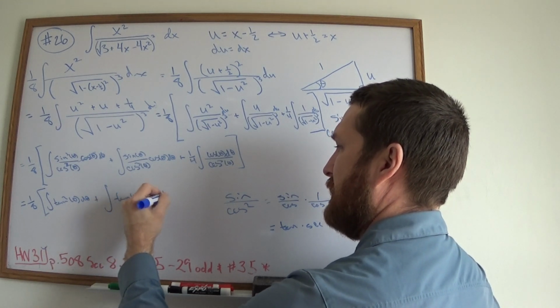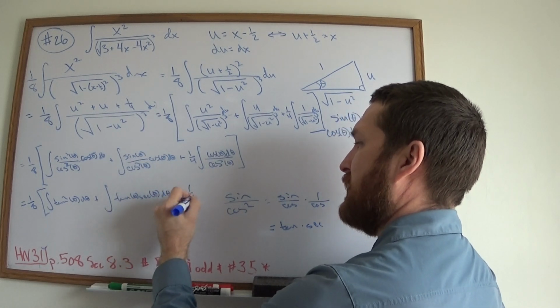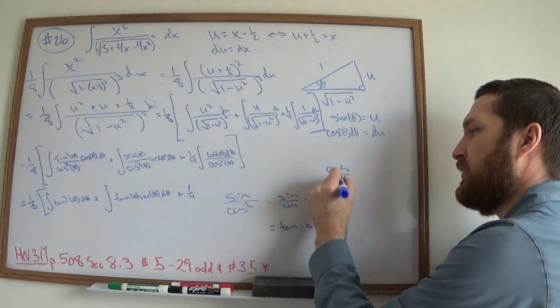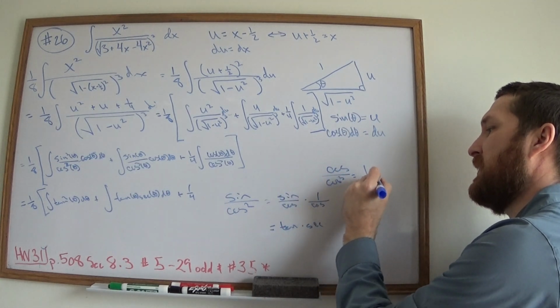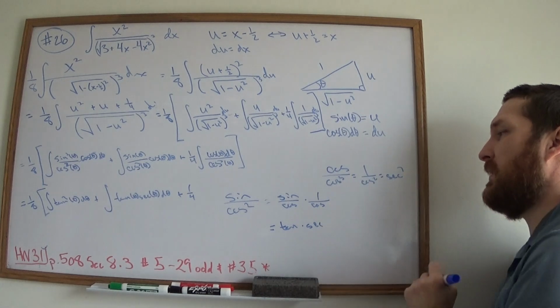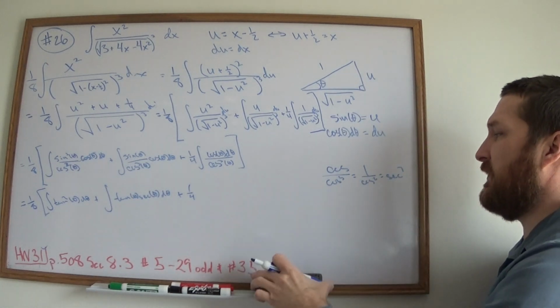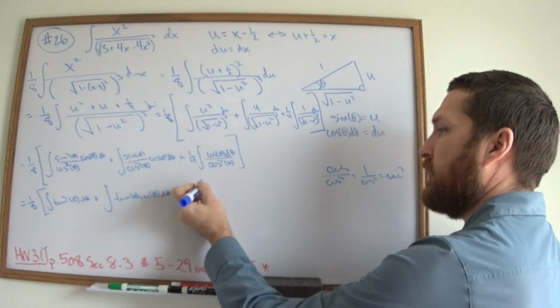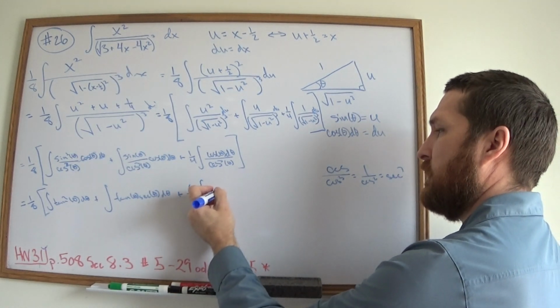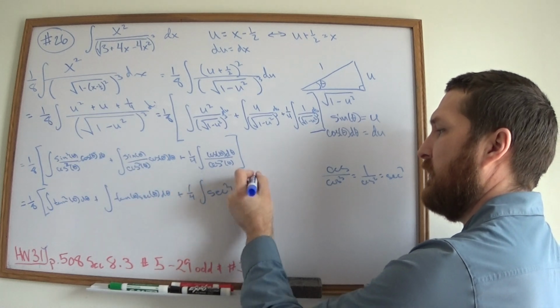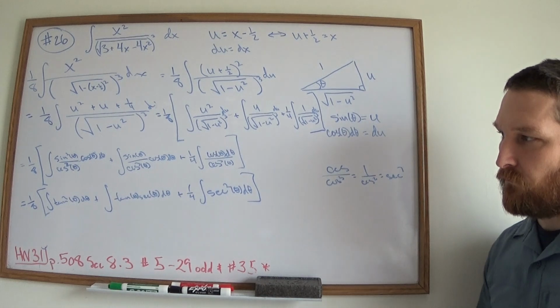Pays to have a lot of this stuff in there. Plus 1/4 cosine over cosine cubed is 1 over cosine squared, which is secant squared. Is that one that we know? Yeah, we know the derivative of tangent is secant squared. So this reduces to secant squared. That's the way I want to write it, because I know its antiderivative fairly easily.